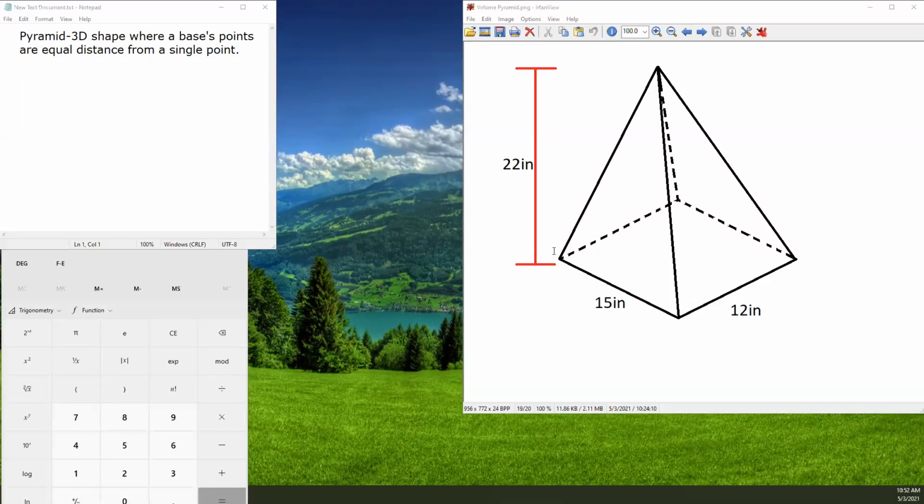What I mean is, you've got this rectangle down here, right? You got this rectangle, and then you've got these lines going up to a single point. And all four of these lines, right, from the edges of our rectangle are all the same distance going to the same point. It has its own volume formula, of course, right? 1 divided by 3, or 1/3, times area of the base times height of the pyramid.